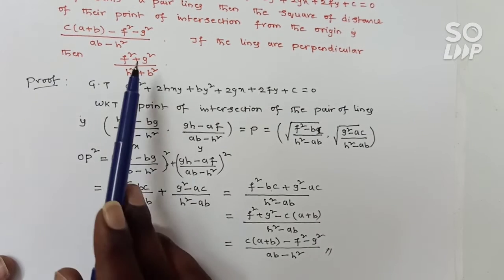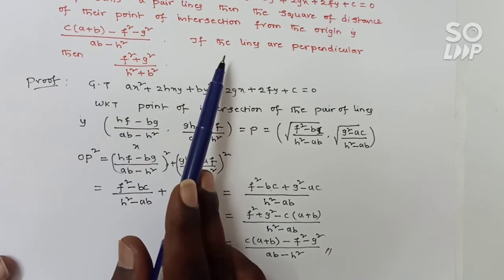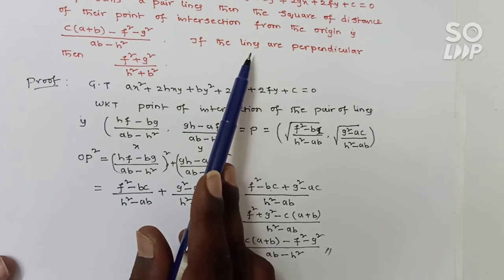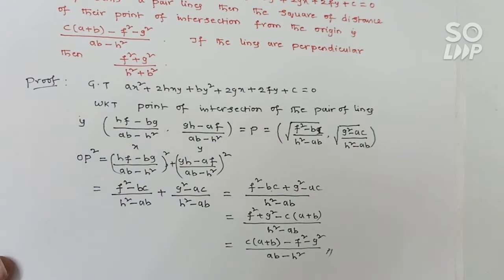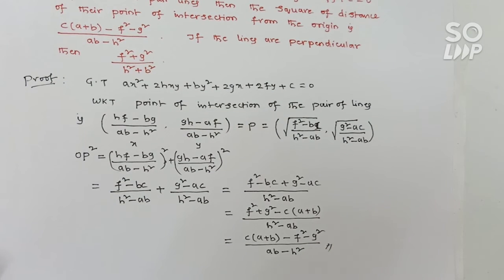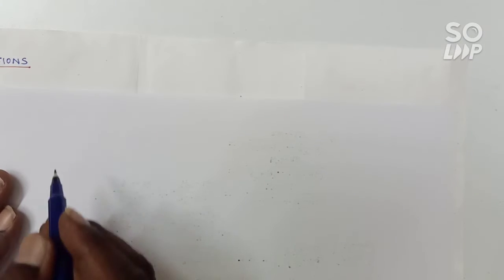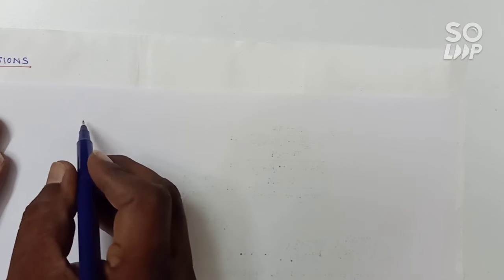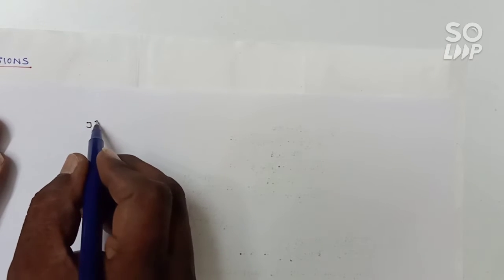Next, in the same statement, another deduction is also given: if the lines are perpendicular. Already we know that if the pair of lines are perpendicular, the sum of the x square coefficient and the y square coefficient will be equal to 0. So you will see that in the next part.